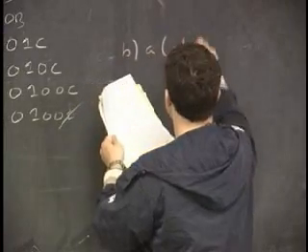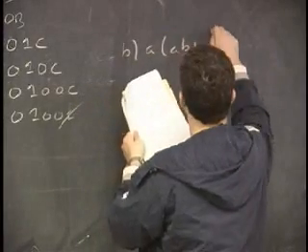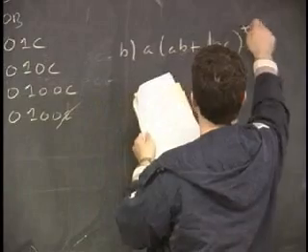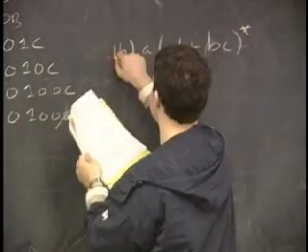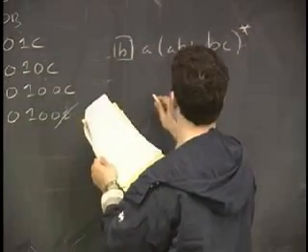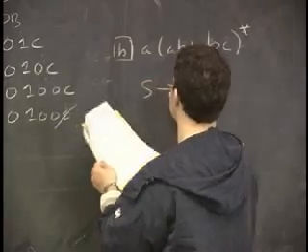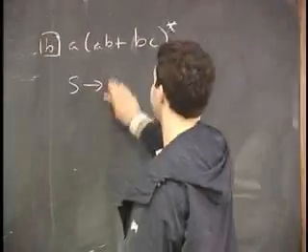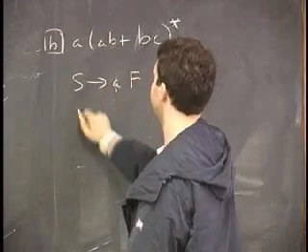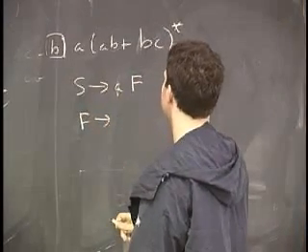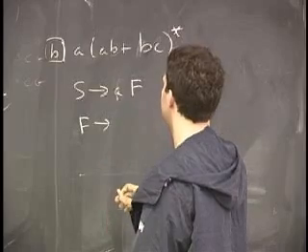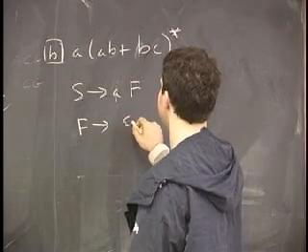All right, really quickly then, what about this one? A, B, or B, C star? What do you think? So S goes to A and then some symbol, so A F. And what does F go to? Empty or ABF or CCF.